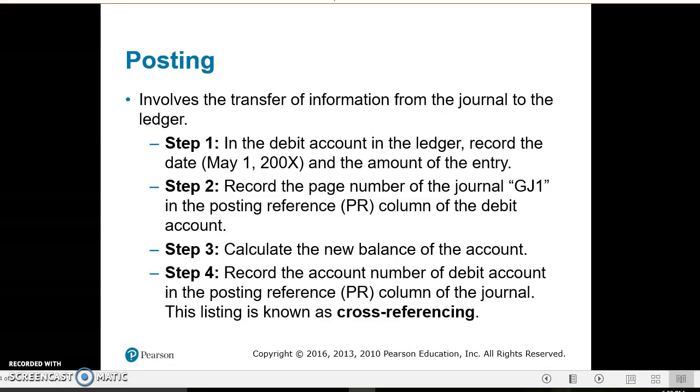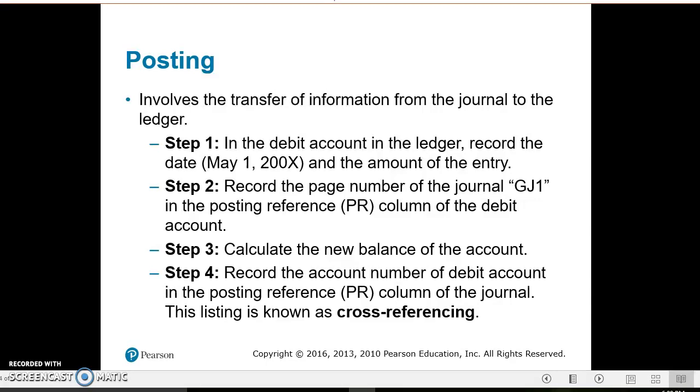So what posting does is it allows us to put it on a ledger, which is basically like a T account, and allows us to put all of the cash entries on one sheet, then all the supplies on the next one, and you just go down the line where you have a running balance and can see what your account is. This is very helpful when you go to do your trial balance and those kinds of things. In the ledger, the debit accounts are recorded in the amount entry.